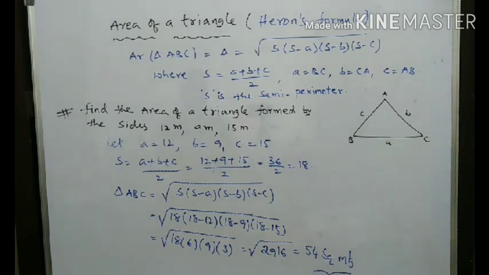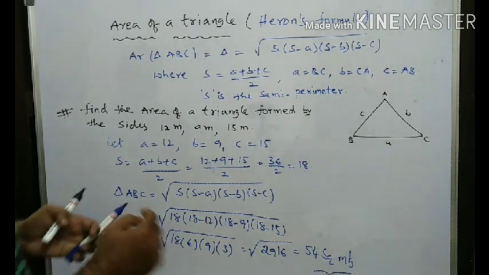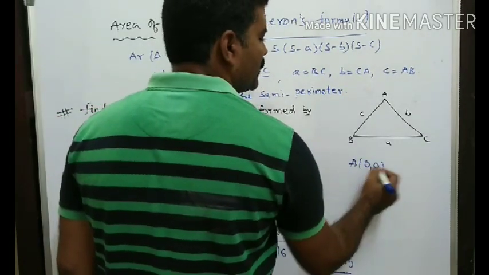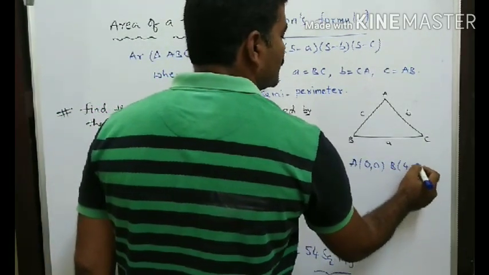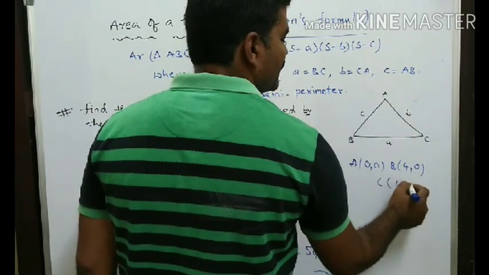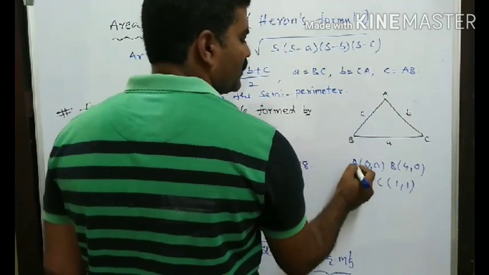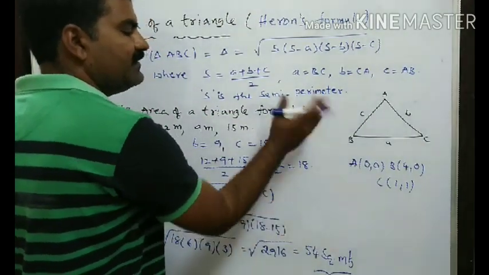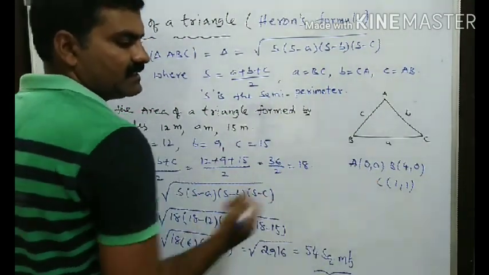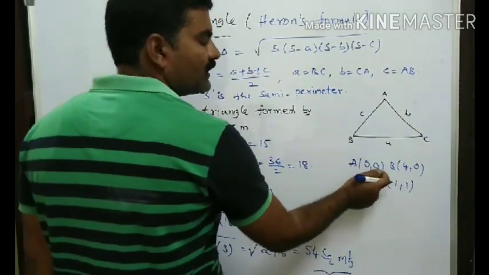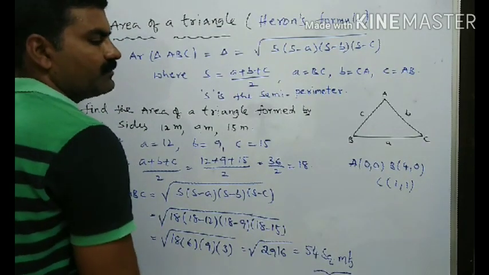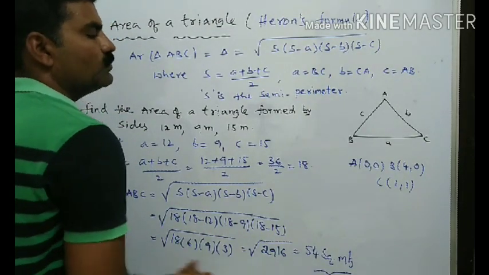Suppose vertices are given to you, A is 0, 0, B is 4, 0, and C is maybe 1, 1. Now how to apply this formula? Number one, the previous methods we discussed are easier. Especially here one of the vertices is the origin, no? Hence the formula is directly half modulus of x1 y2 minus x2 y1.